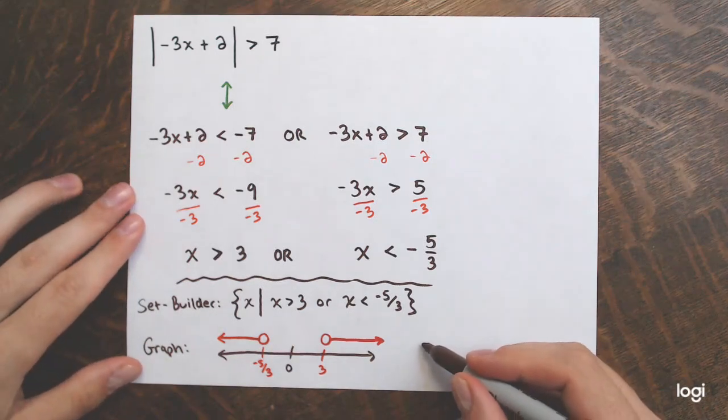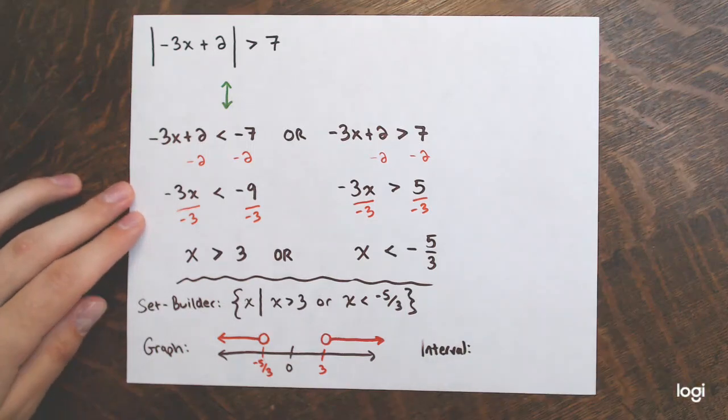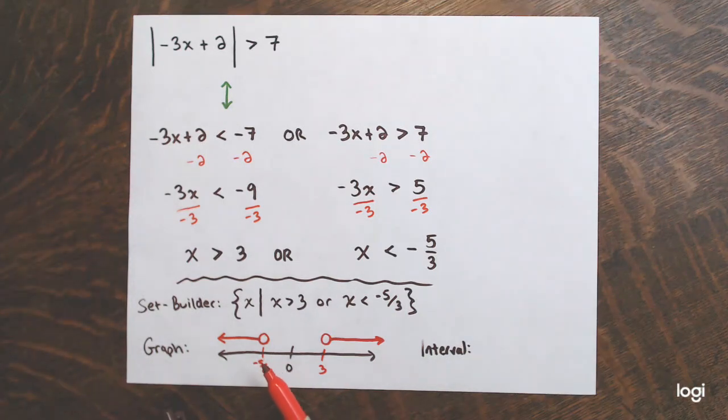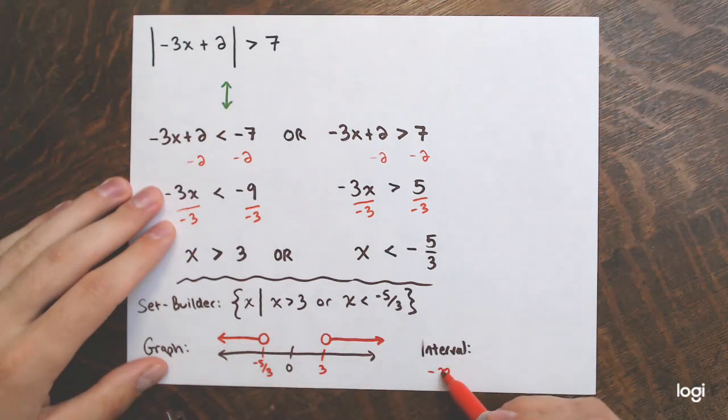And then off to the side again, we'll put our interval notation. Same as always, not always, but same as all the examples here so far. Two pieces, right? Two separate pieces with a gap, a hole between them. So two separate intervals. The left one, from negative infinity up until negative 5/3, right?